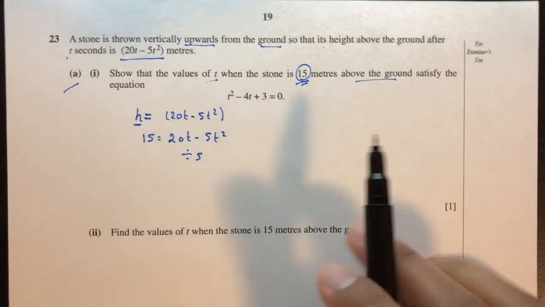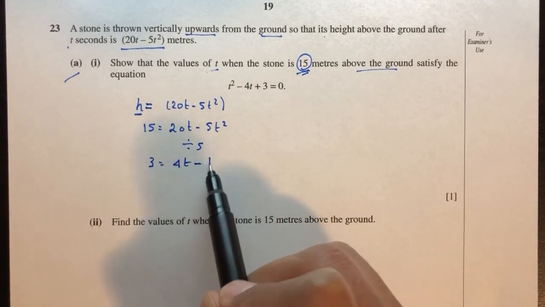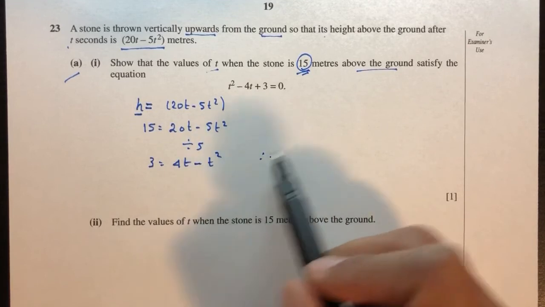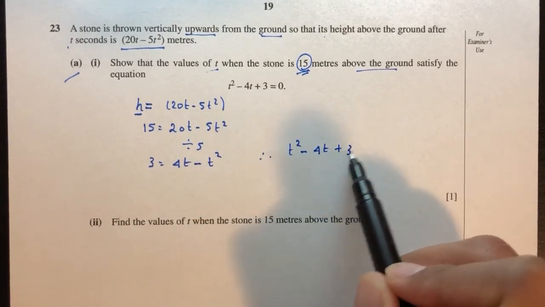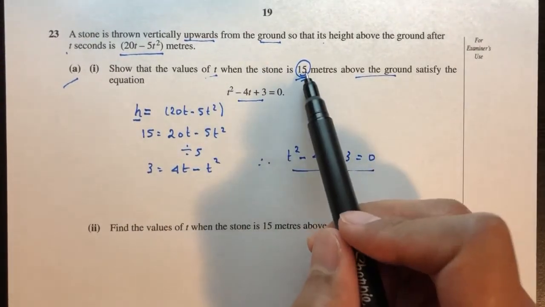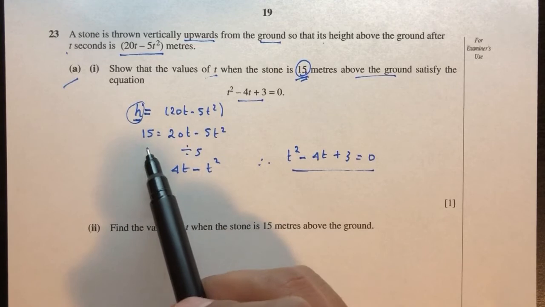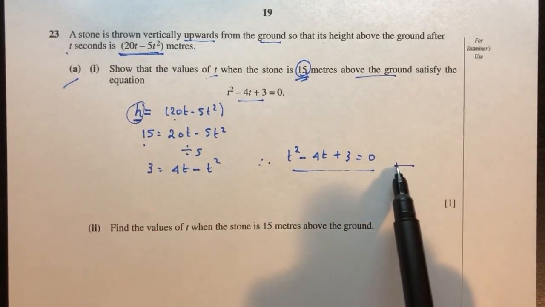Divide by 5 everywhere, we have 3 equal to 4t minus t squared. Rearranging, we have t squared minus 4t plus 3 equal to 0. So same as shown here. The only thing we need to do is to replace the height above the ground by 15 in this equation, then we get this answer.